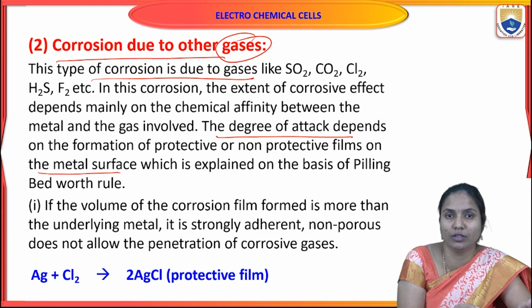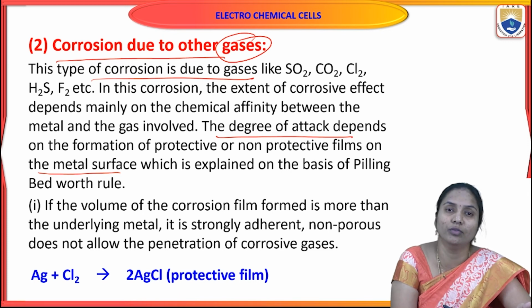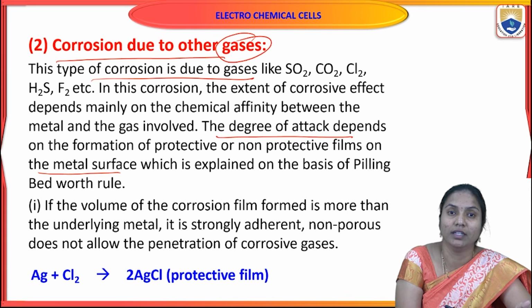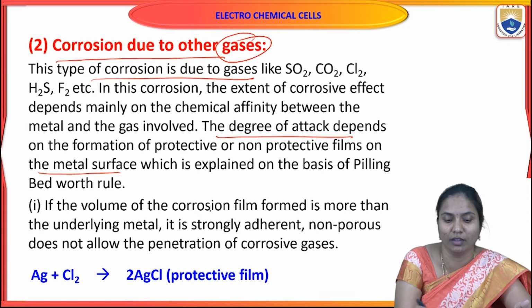The Pilling-Bedworth rule, which we just discussed, explains which metal oxide layer is protective and which is non-protective. For example, in oxidation corrosion, if the volume of oxide is greater than the volume of metal, it is protective. But if the volume of oxide is less than the volume of metal, it is non-protective. The same concept applies here.